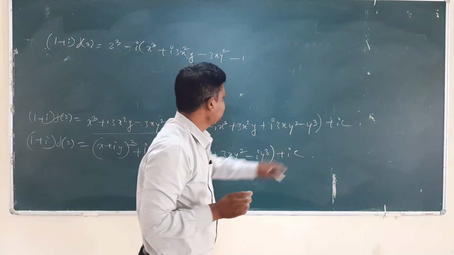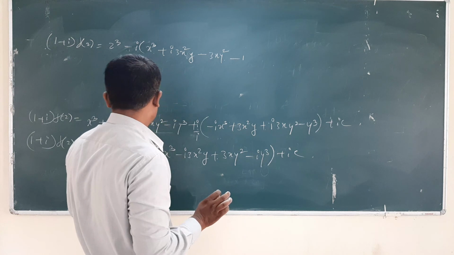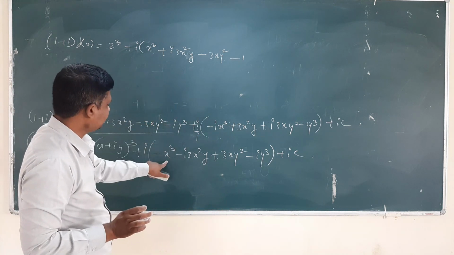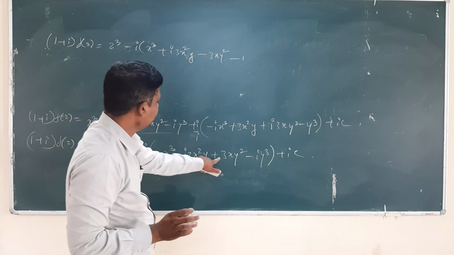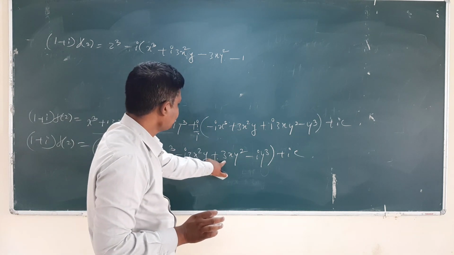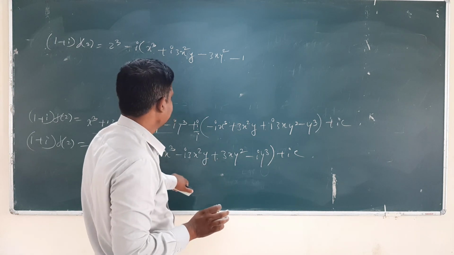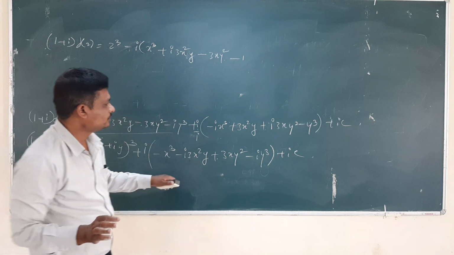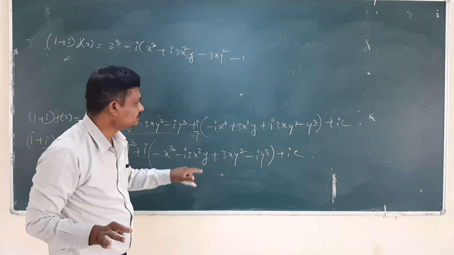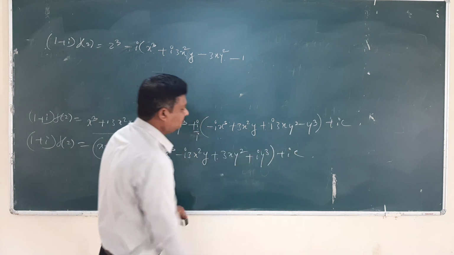Sorry, I have made a small mistake here; taking minus common, x cube becomes positive, this becomes negative, and the last one is already minus y cube.